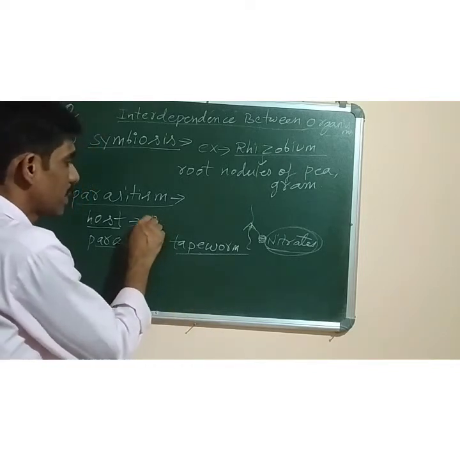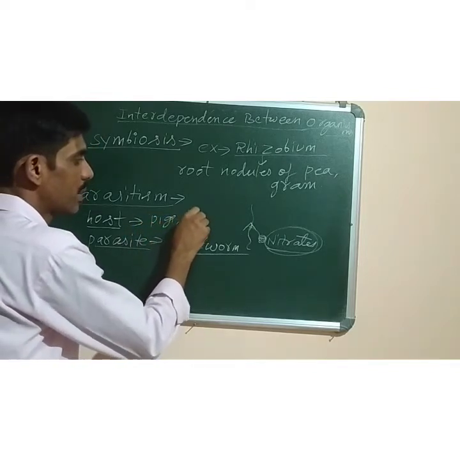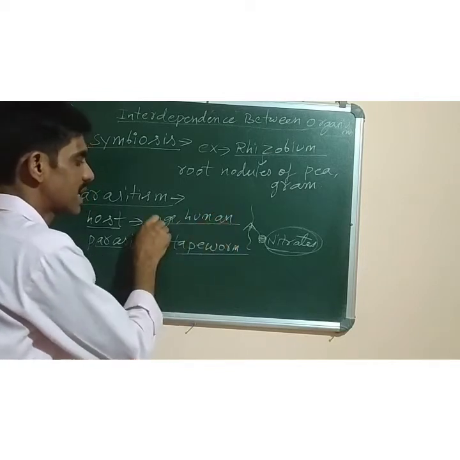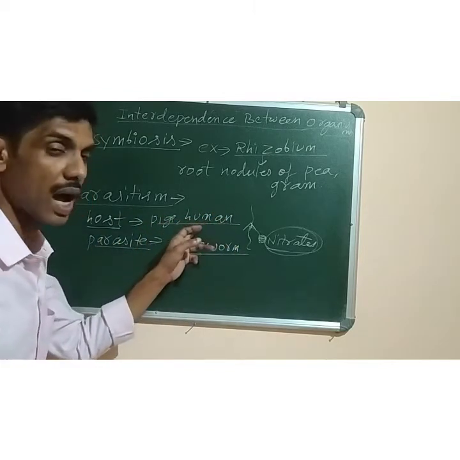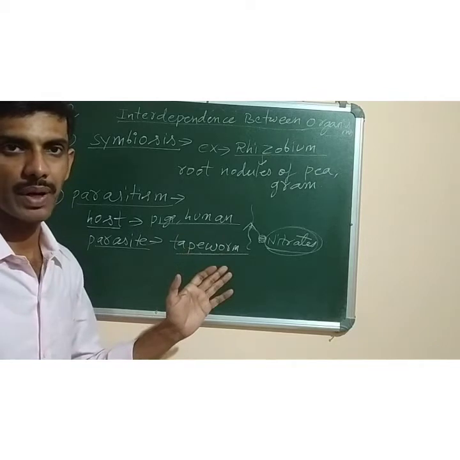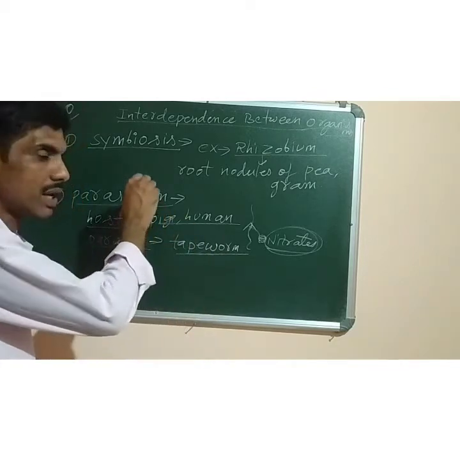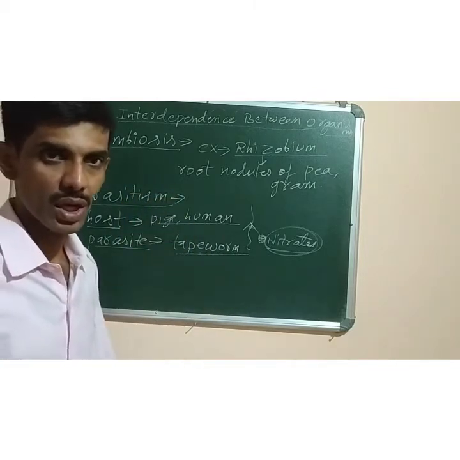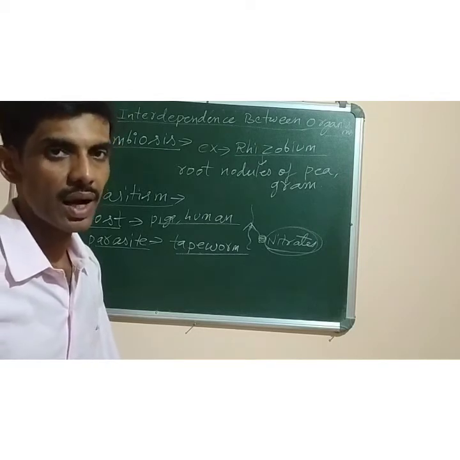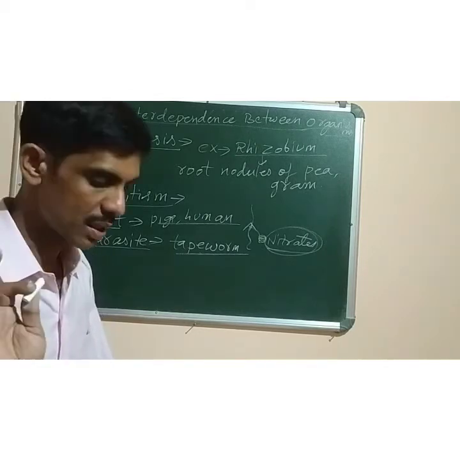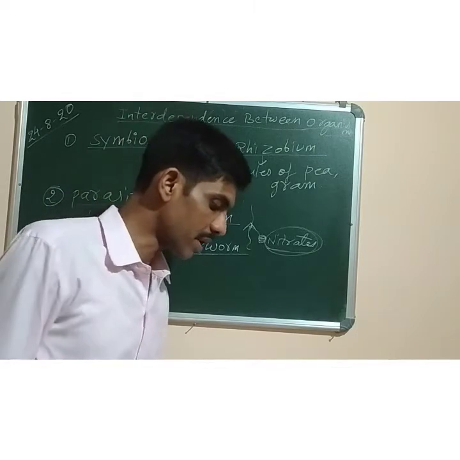So the host is the pigs or human beings. It gives harm to them, it will not provide any benefit to them. So parasitism is a relationship in which one organism is benefited, the other one is harmed. Okay, in simple words you can write. Now an example also I have given.